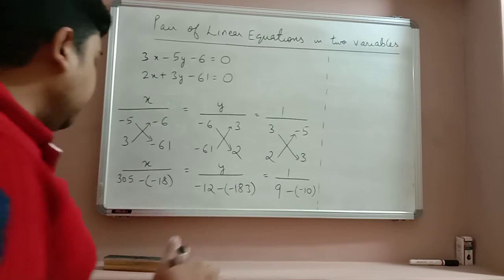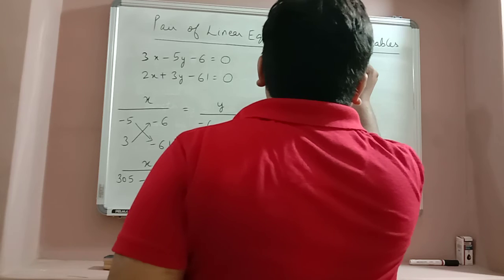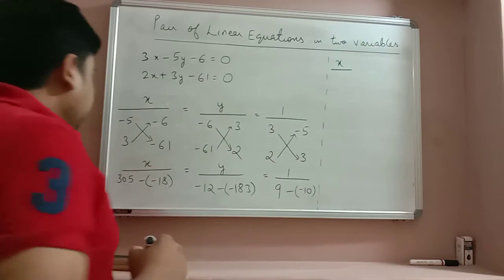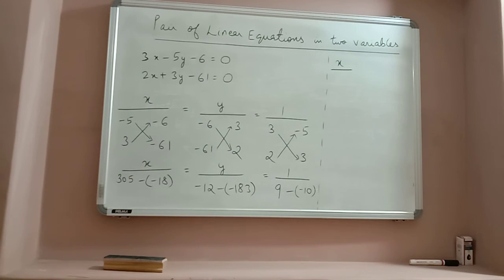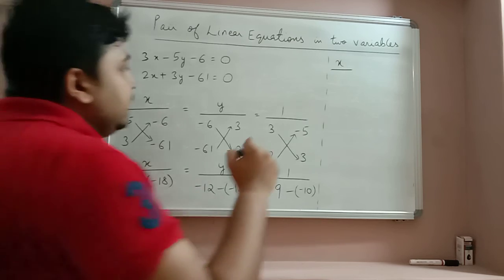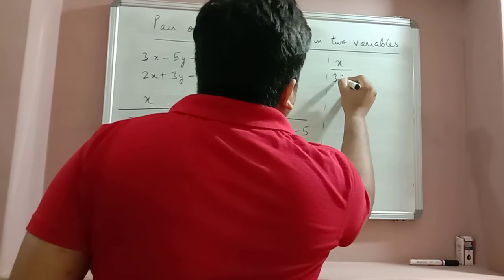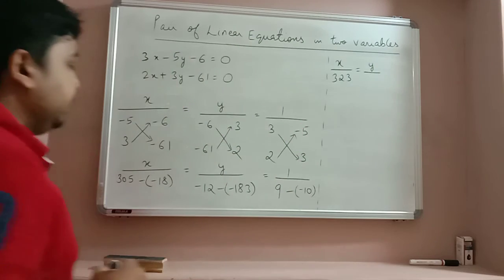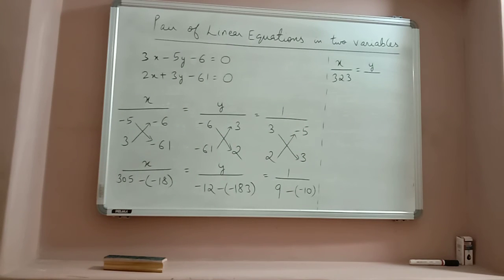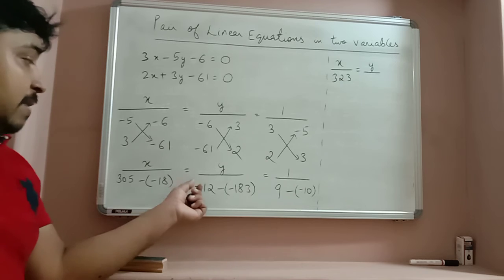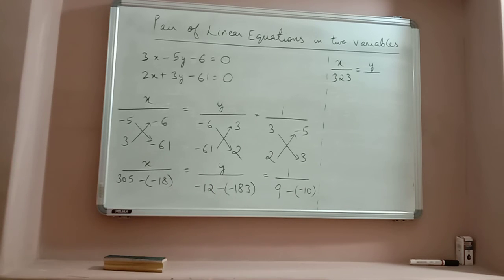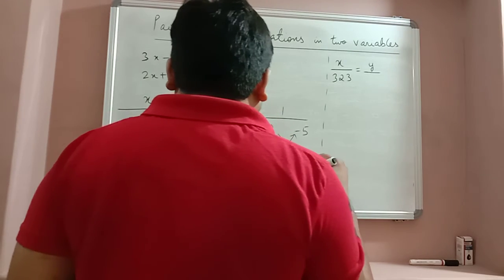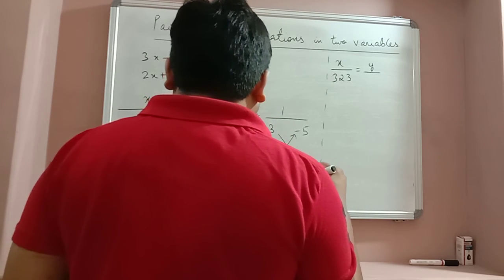So now the equation becomes x upon 305 plus 18, that turns out to be 323, equals y divided by minus 12 plus 183.